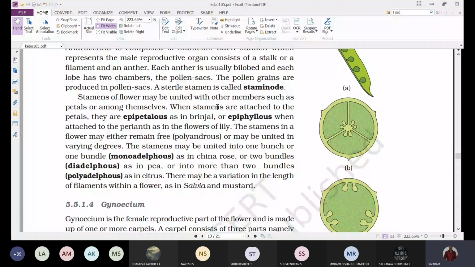That is about the androecium. Here we can see the androecium.